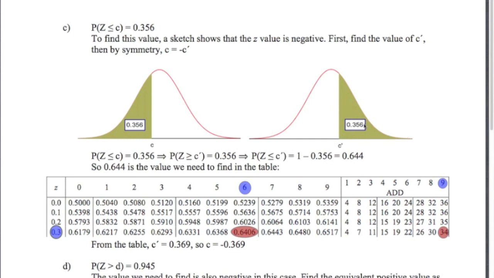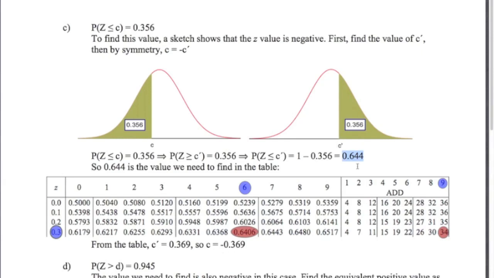If that's going to be 0.356, the value from there and down is 1 minus that, or 0.644. Now that's the value I'm going to be looking for in the table. Remember that this value we're going to look up is going to be positive, but because of the symmetry of the normal distribution, the value that we want to find will just be negative, whatever this one here is.